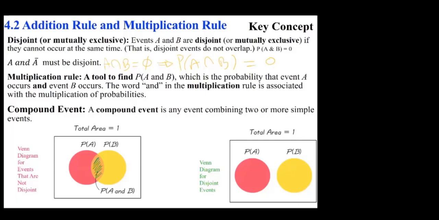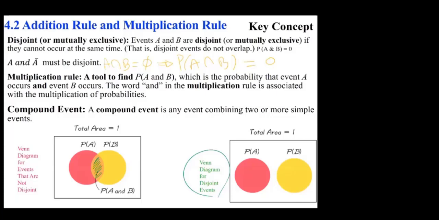So if you look at the right side, on the other hand, if they have nothing in common, that is called disjoint. And this is exactly why when you look at the addition rule, the commonality should come out, because the common area is considered a part of A as well as B. So if you just add them up without taking it out, you are accounting for it 2 times.